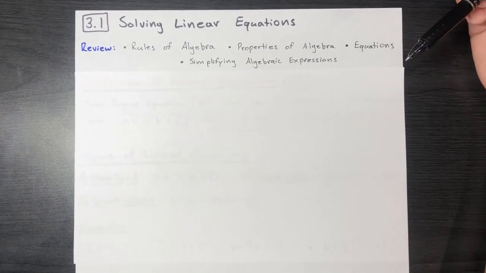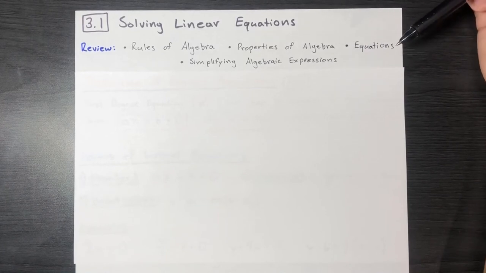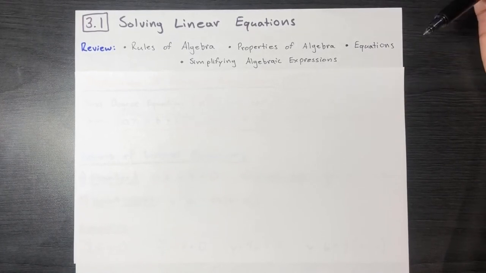If it's an equation, you're going to go ahead and solve for the variable. If it's an expression, you're basically just doing what you're told. And then finally, we talked about simplifying algebraic expressions, which basically we just combined like terms, and we simplified as much as we could. We reduced everything that we could.